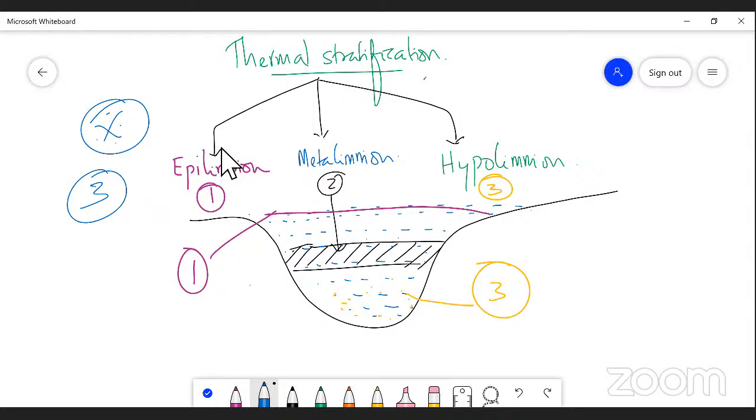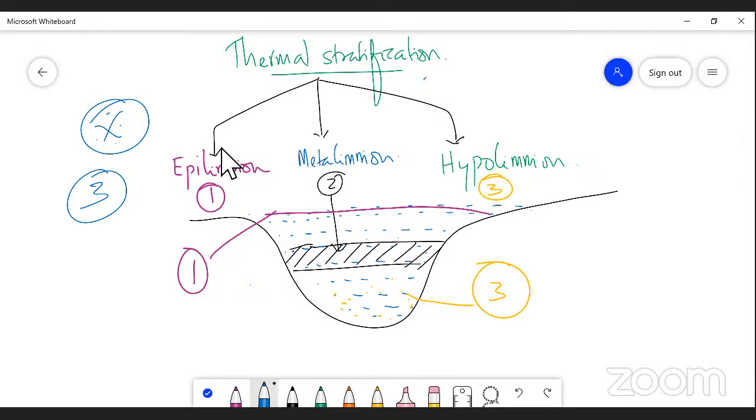Could you point out the hypolimnion, where it is present in a pond? If you take a pond, a water body, could you tell me where the hypolimnion is? Bottom layer of the pond water body. Very good. Then in between the bottom and the surface of the water body, you see there is a layer represented by black color.